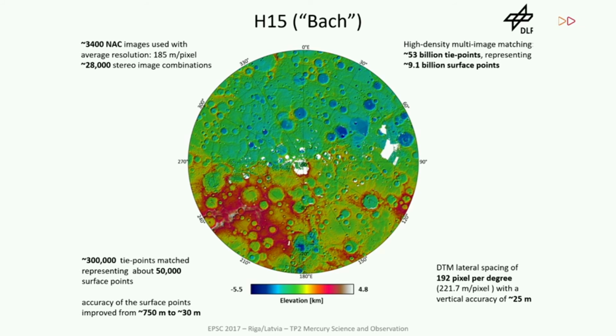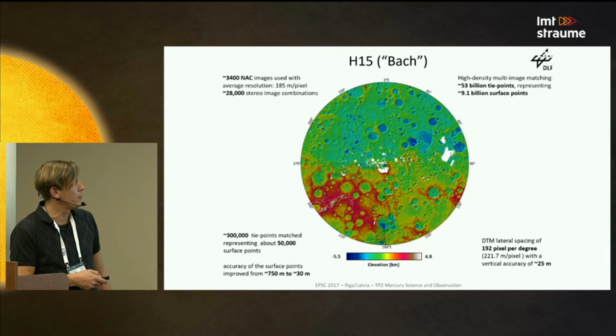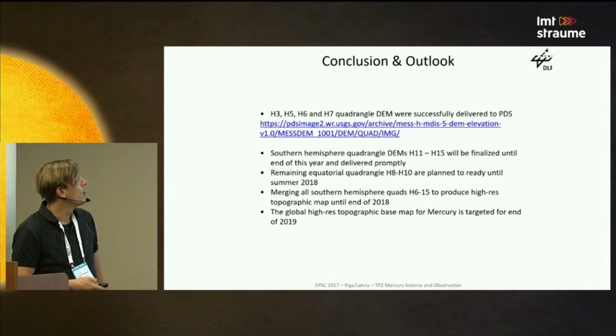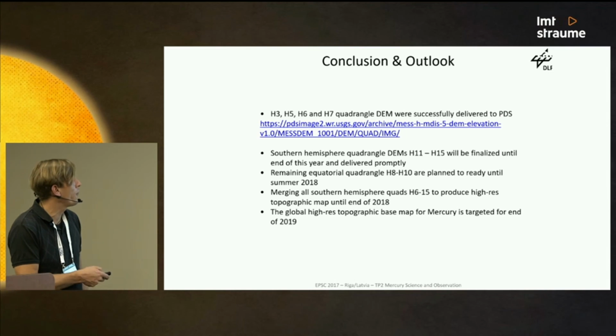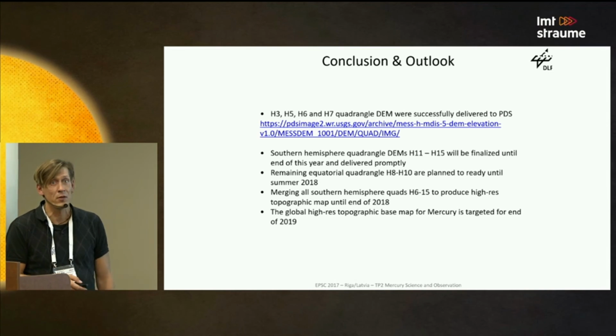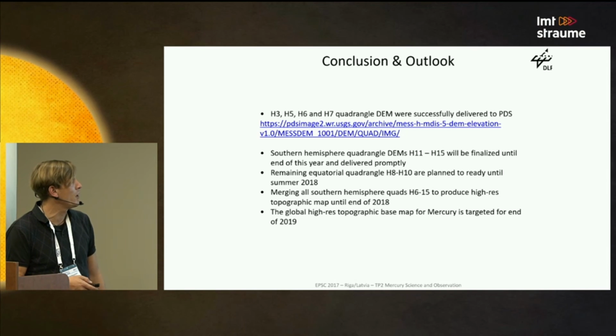But you can see here are some gaps near the pole, and I'm not sure if we can fill these because of permanently shadowed terrains. But these kinds of gaps will be filled in the next steps. So my outlook, in conclusion: we have successfully delivered 4 quadrangles to PDS.